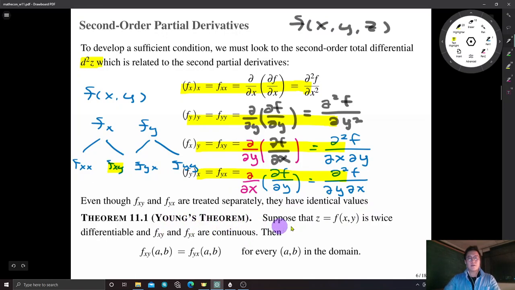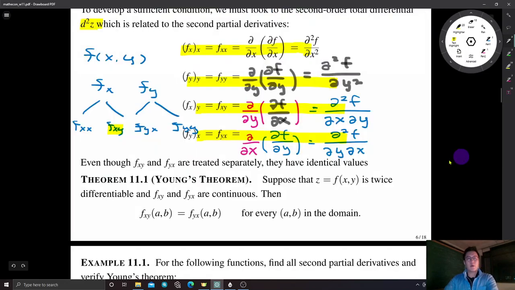This theorem tells us that when the function is twice differentiable and the two cross partials are continuous, but you don't have to care about that. In our class, every function we are going to deal with has this property. So under very general conditions, f sub xy equals f sub yx at every point a comma b in the domain.